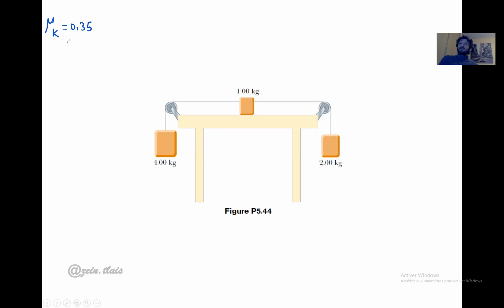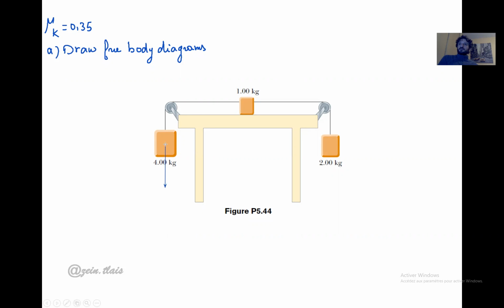So we have to draw the free body diagram of each object. You know, here we have the weight of each object.